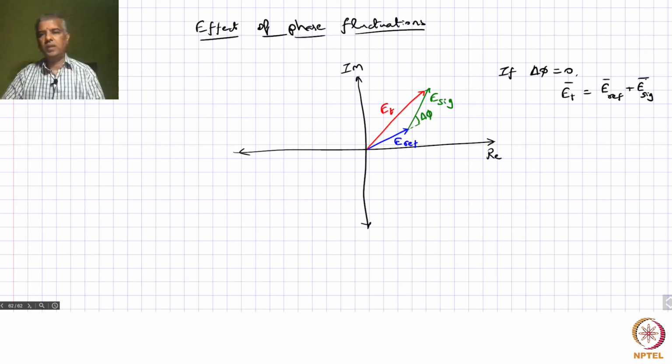If E ref and E sig are equal, then it becomes twice the electric field of one of those.